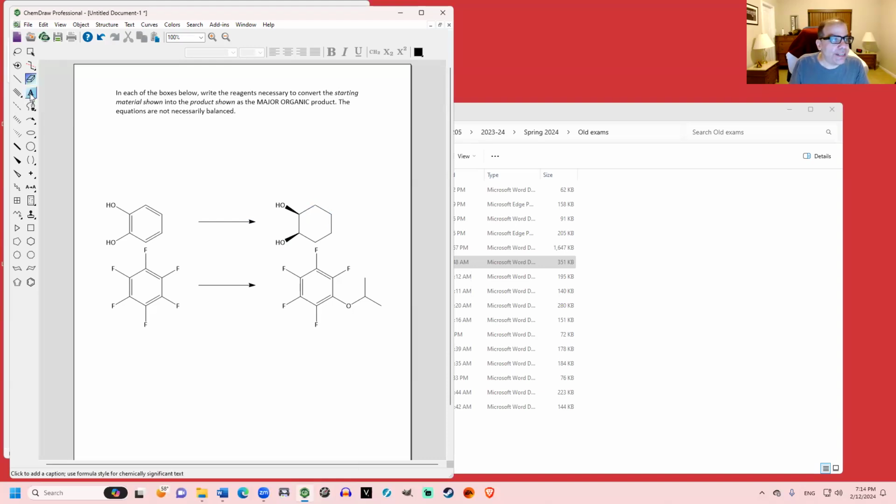We said how to do that in class today. Excess hydrogen and either rhodium or platinum. You can write excess H2/Rh or excess H2/Pt. Either way, both would receive credit. And you'll notice you get the cis stereochemistry from that hydrogenation.